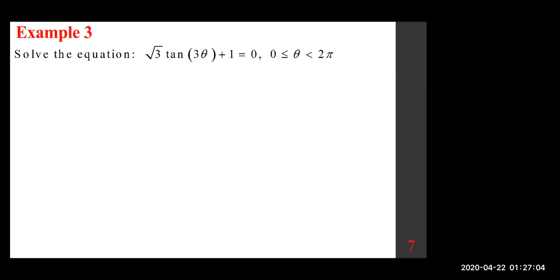I'll show you the method. So first and foremost, you just solve for it. That means you take the 1 to the other side and divide by square root of 3. This is a basic algebraic step. So far, so good.